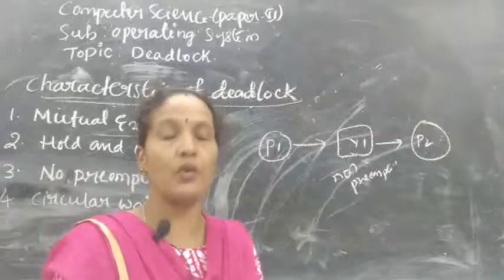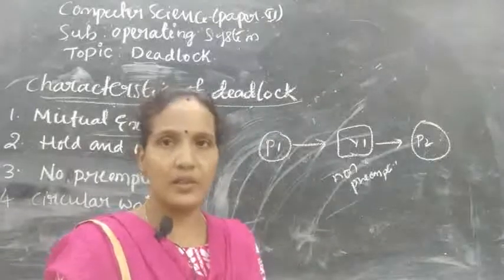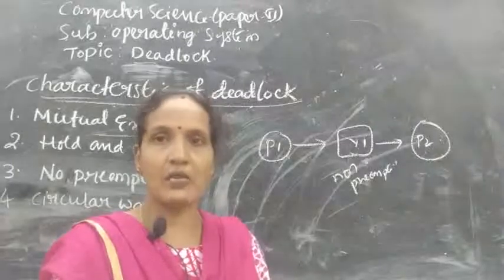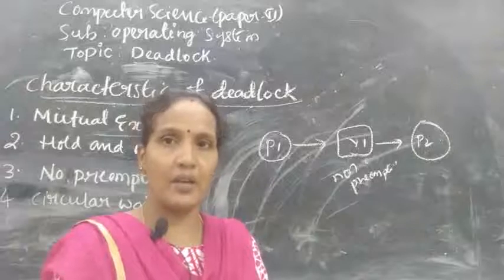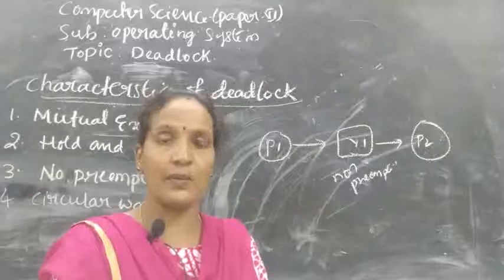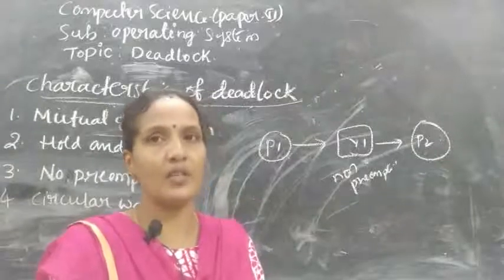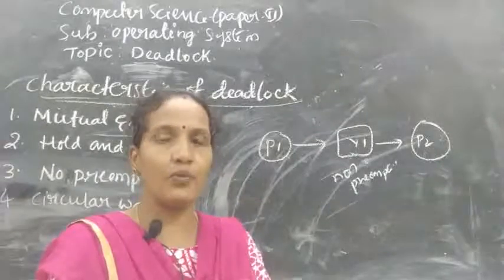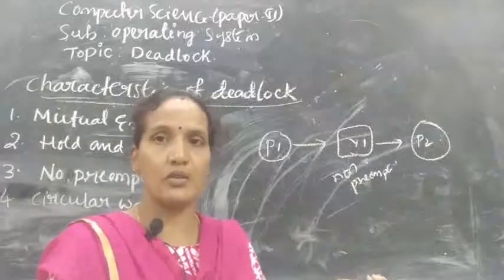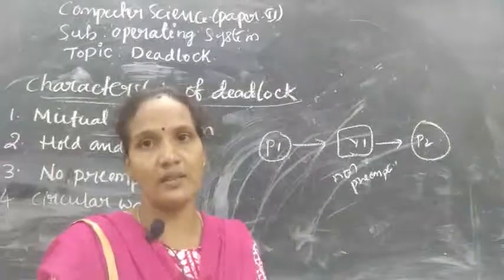So in the common resources, if any resource is non-preemptive and more than one process is requesting it, that situation may lead to a deadlock.